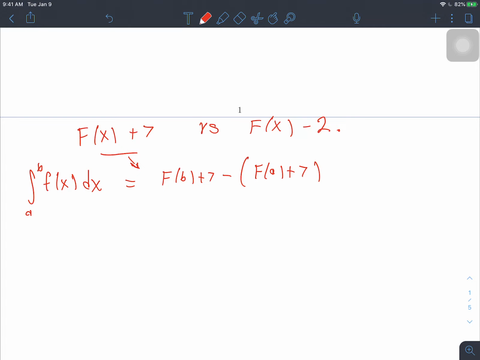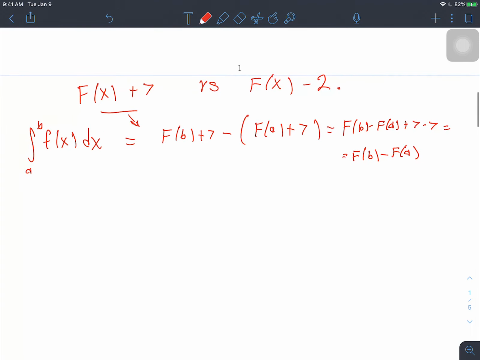And you're going to realize that this is equal to capital F of b minus capital F of a plus 7 minus 7. And that's just equal to capital F of b minus capital F of a. And the same thing's going to happen no matter what number we use.